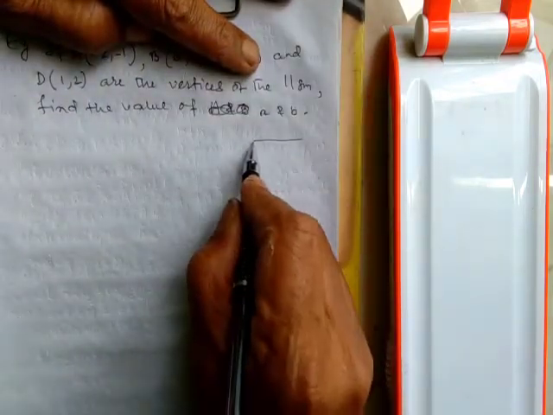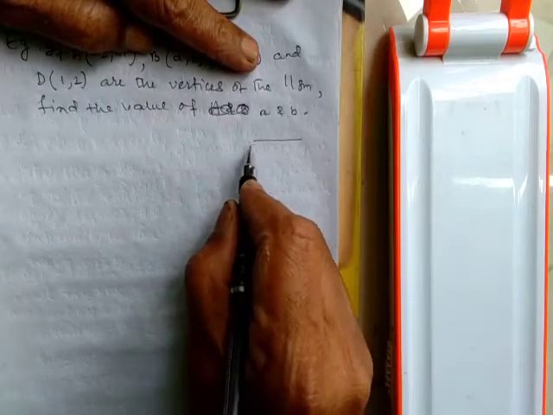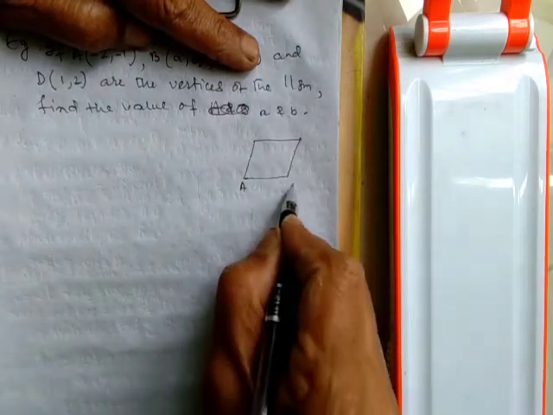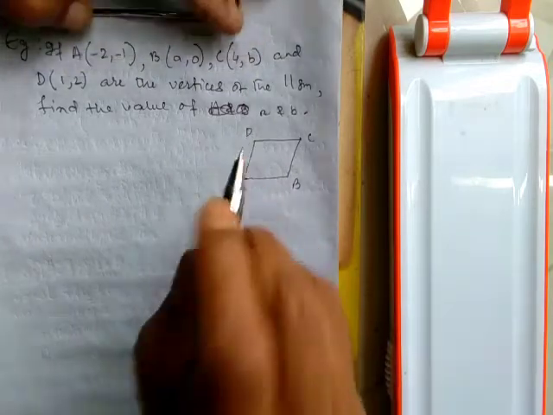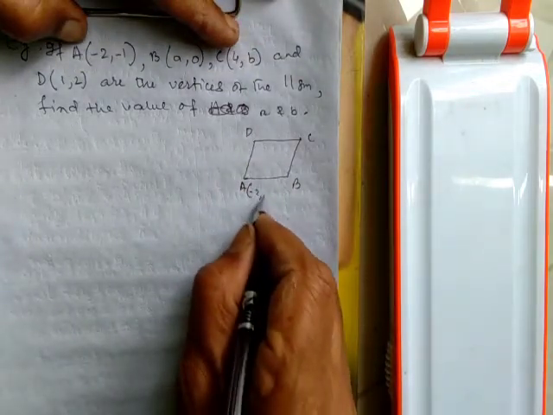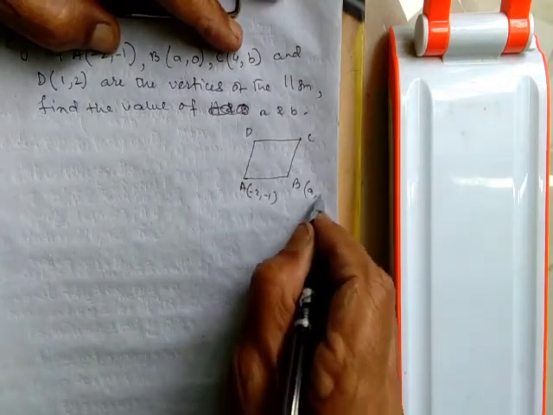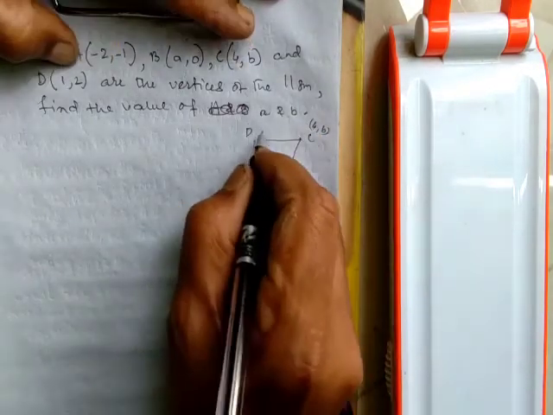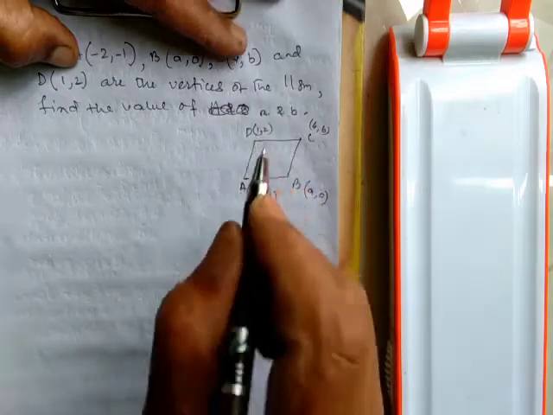Solution. Before that, I will draw a diagram. This is a parallelogram ABCD. This is (-2, -1). This is (a, 0). This is (4, -4b). This is (1, 2).